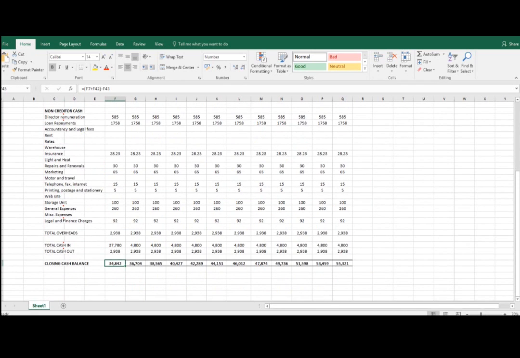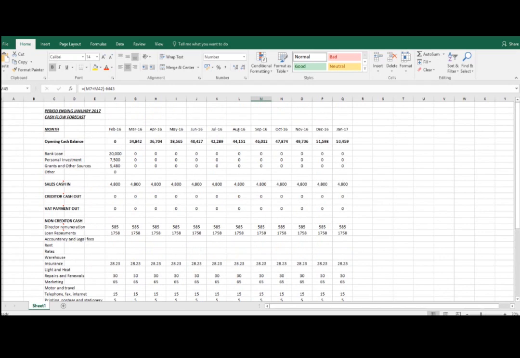So you can see at the end of month one, there's just under £35,000 or dollars left in the account. Month 2, 36, 38, 40, 42, 44, 46, 48. So we have a positive cash flow. The cash flow is actually growing. There's more available cash at the end of each month.